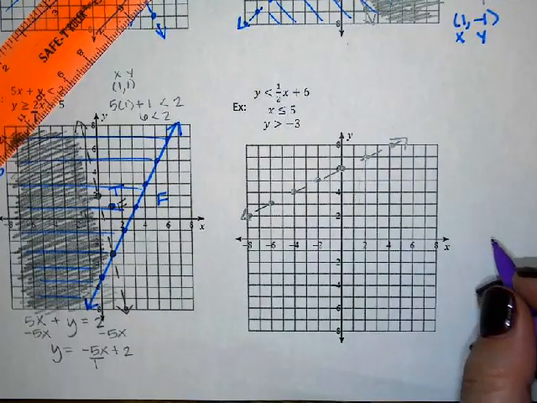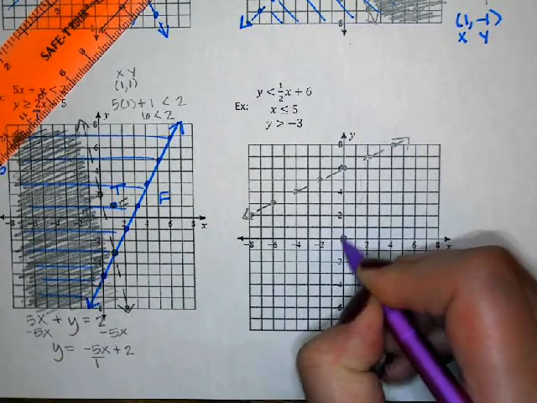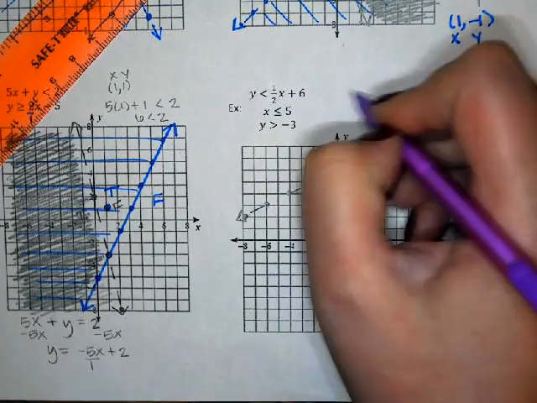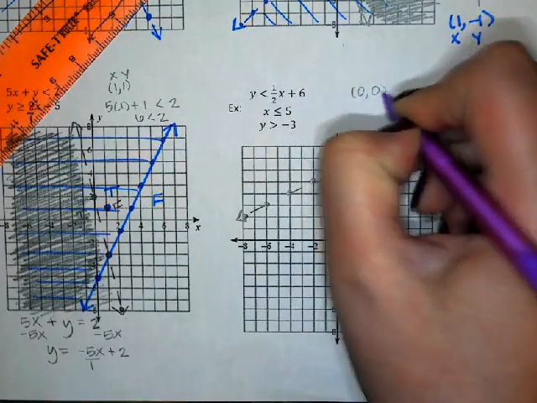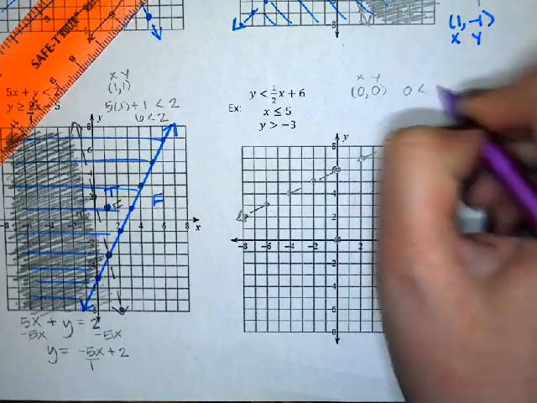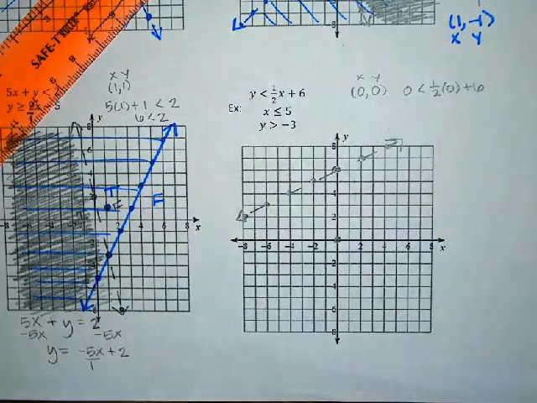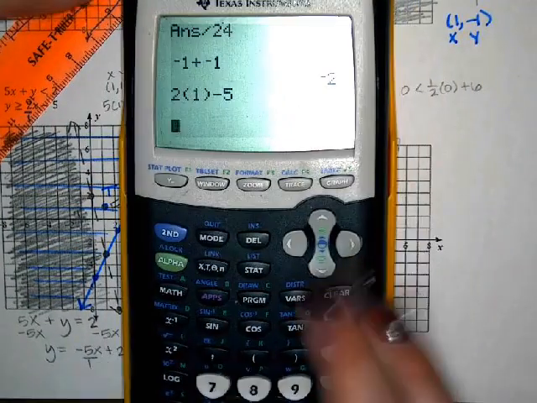And what do you guys want to plug in? 0, 0? So 0, 0 is right here. So we're going to do 0 for x and 0 for y. 0 is less than 1/2 times 0 plus 6. So 1/2, we can just type in 1 divided by 2. There's 1/2 times 0 plus 6.